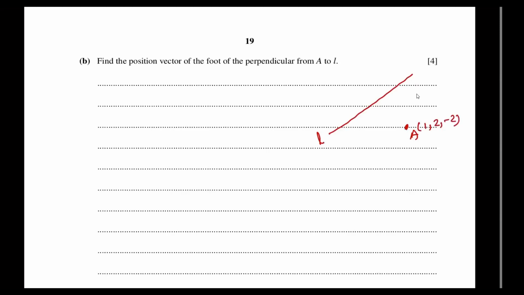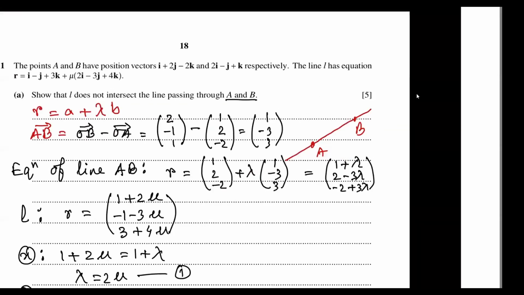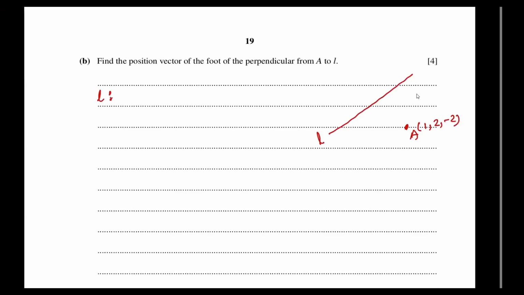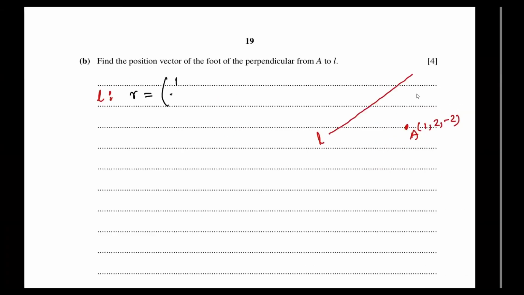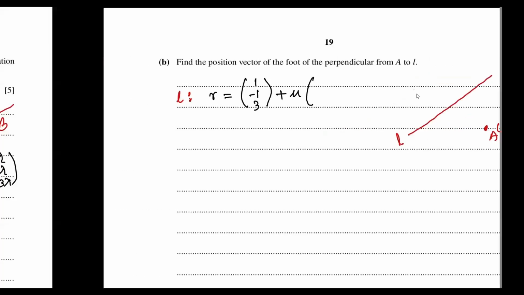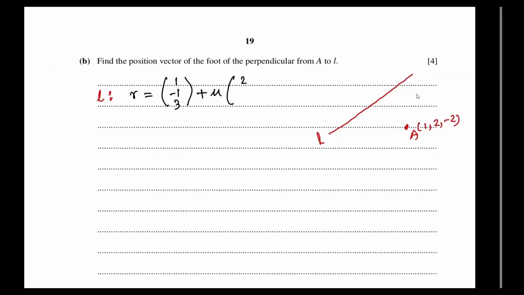An equation of L is given as r equal to (1, -1, 3) plus mu into its direction. Direction is (2, -3, 4). Now, we have to find the position of the foot of perpendicular from A to L.